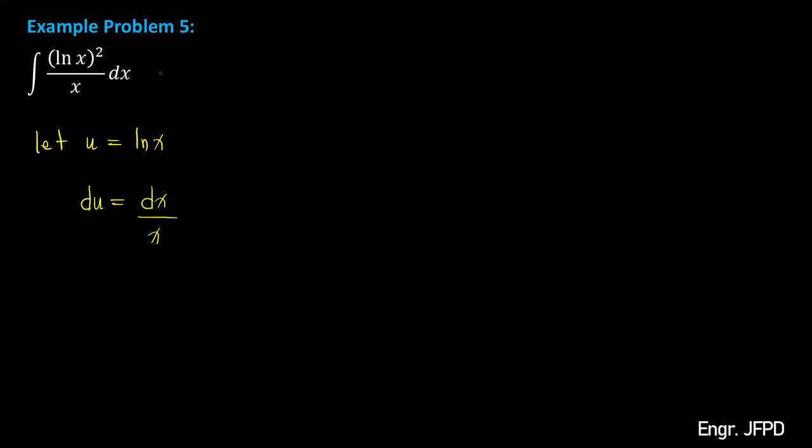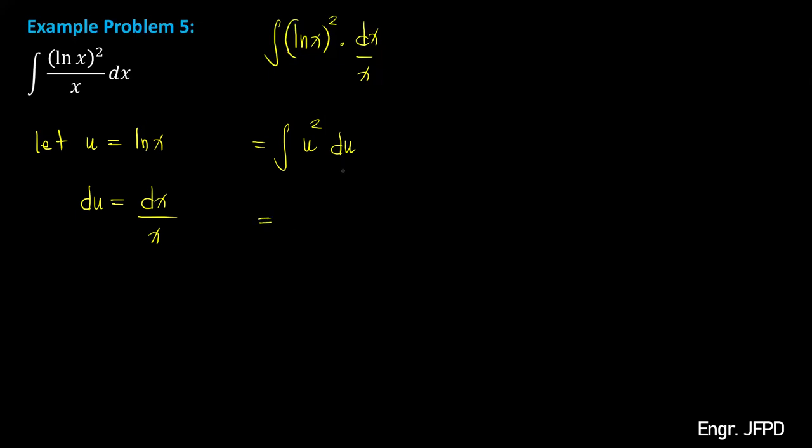Let's try now to rewrite our equation, wherein the integral of ln of x raised to 2, take note, this is the same as multiplied by the dx over x. Then, for the ln of x, take note that this is equal to u, then squared. And for the dx over x, take note that this is equal to du.